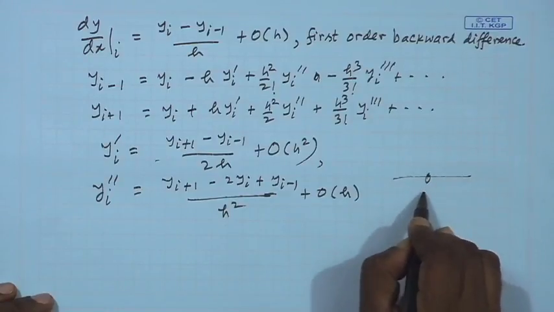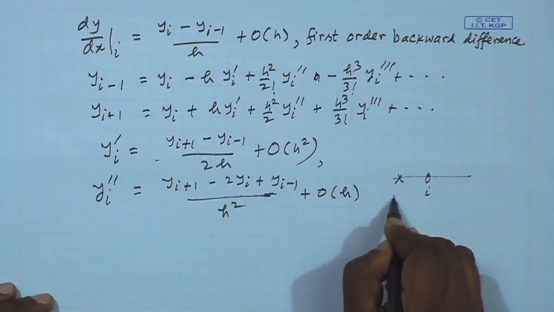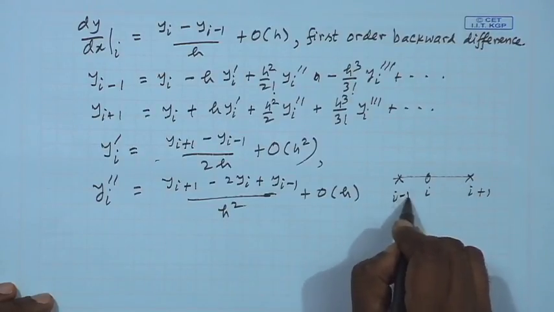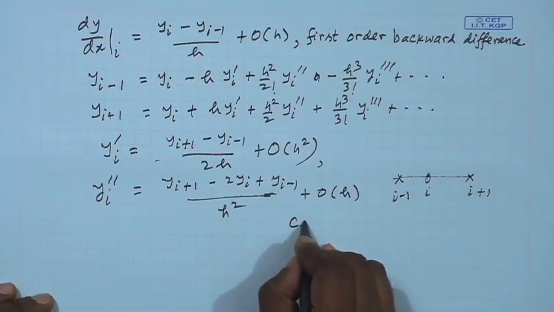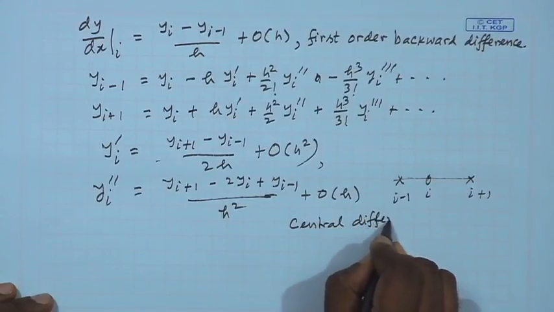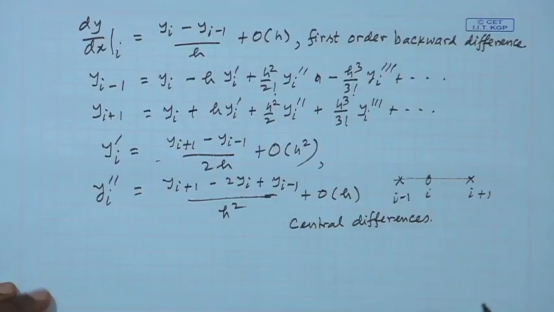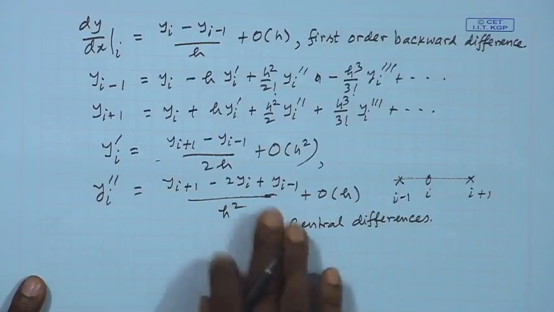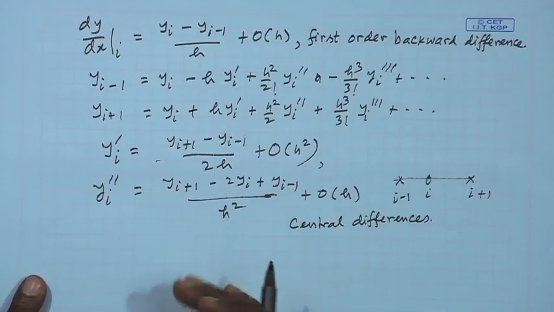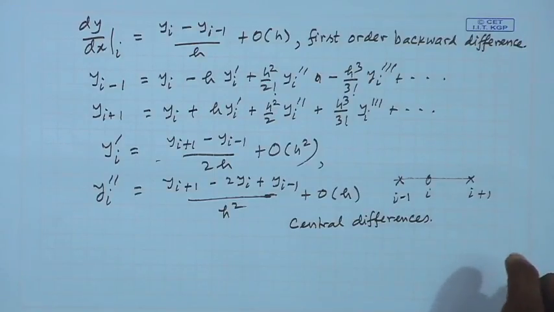Here we are approximating at i by using i minus 1 and i plus 1, so these differences are called central differences. So, now we have a formula for how to replace the derivative in terms of finite differences of the function values. We will use this to solve the given boundary value problem in the next lecture.